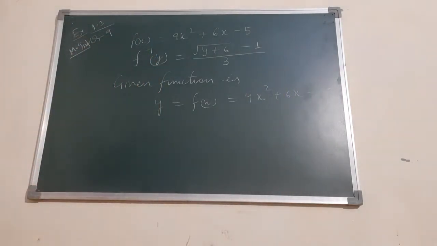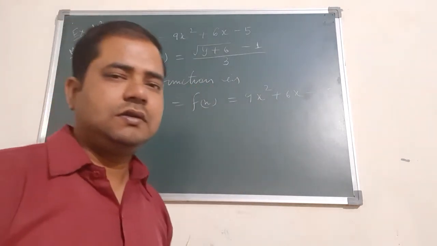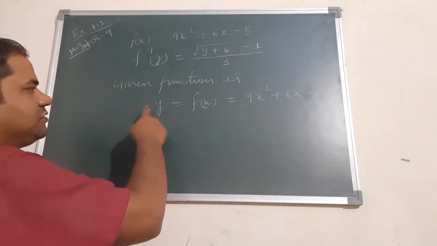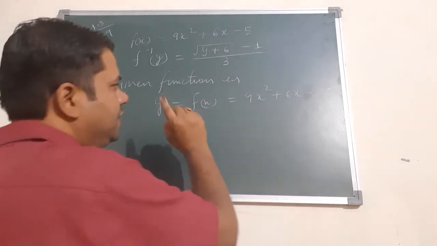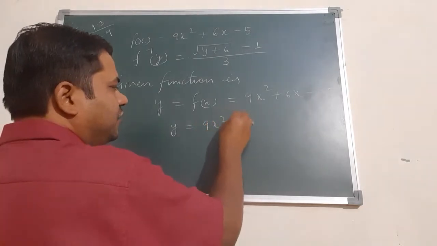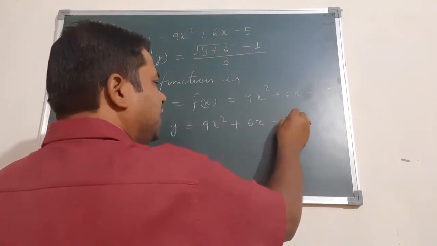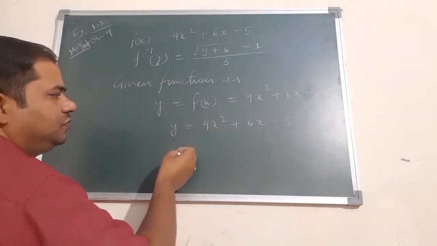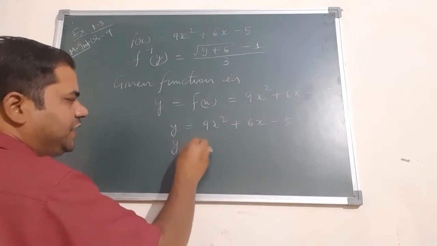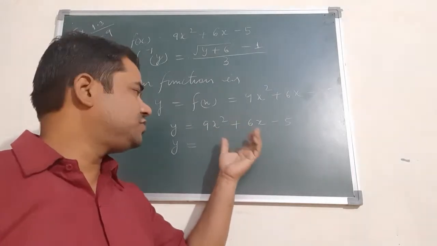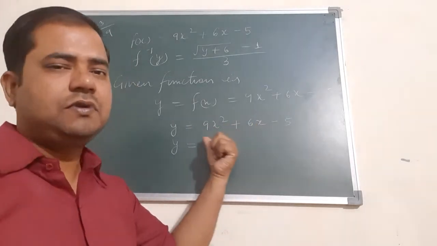From this, x is equal to f inverse of y. So you can represent x in terms of y, but it is not so easy. First of all, see how to represent x in terms of y.